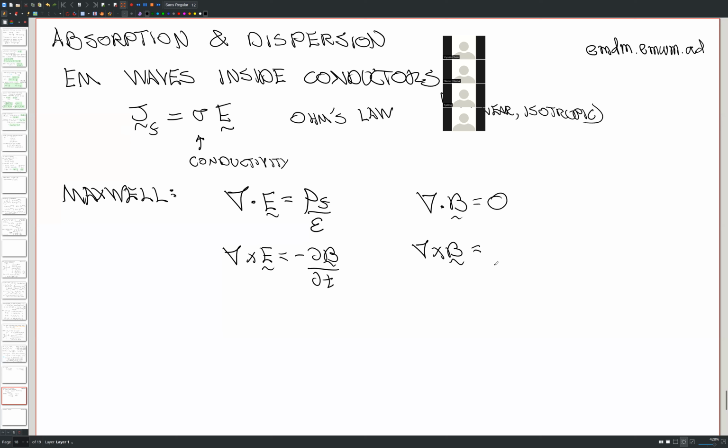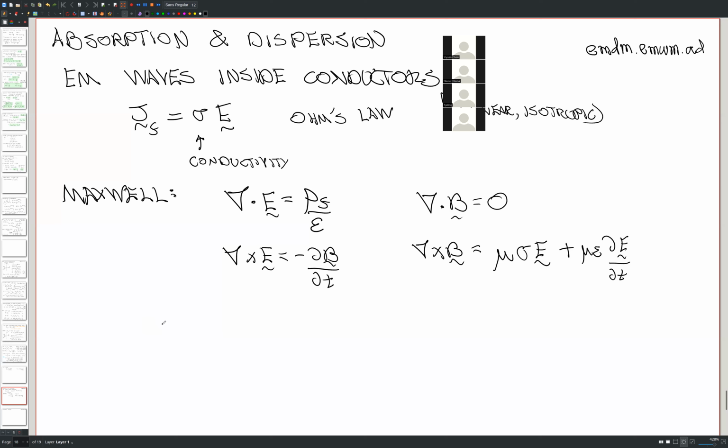So this term immediately becomes mu sigma E. Then I still have the in-matter equivalent of the Maxwell term, the displacement current, mu epsilon dE dt. So these are my Maxwell equations.